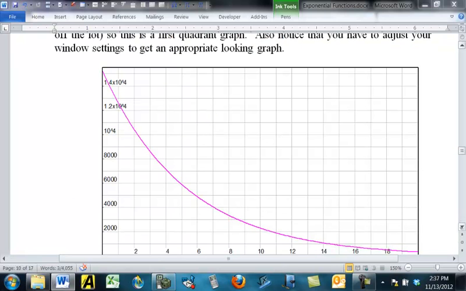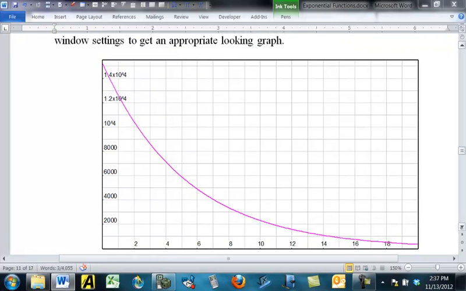Takes a little bit of time to experiment with the window, but there's a graph of this. Notice that the amount of decrease is dropping rapidly at first. Say from here for a 1-year-old car to a 2-year-old car, it dropped quite a bit. But say from a 12 to a 13-year-old car, it's a very small amount of drop.